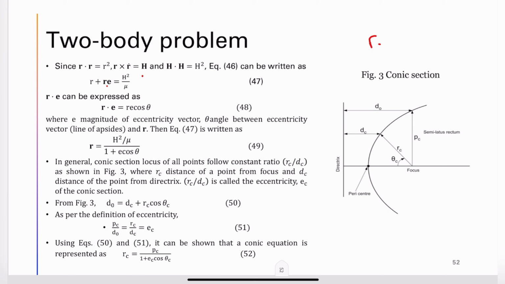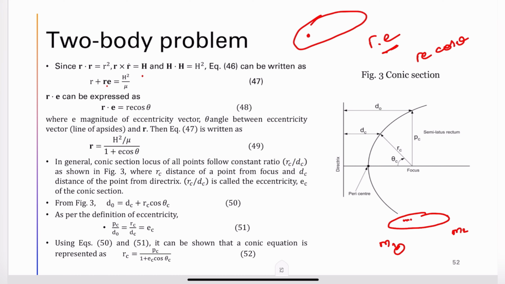So the dot product of r and e can be written as r e cos theta, where e is the magnitude of the eccentricity vector, and theta is the angle between the eccentricity vector, that is the line of apsides, and r. So what is the line of apsides? If you have a two body system M1 and M2, consider an elliptical orbit.